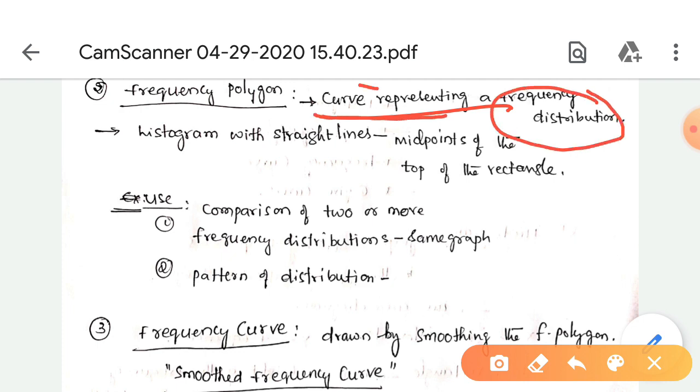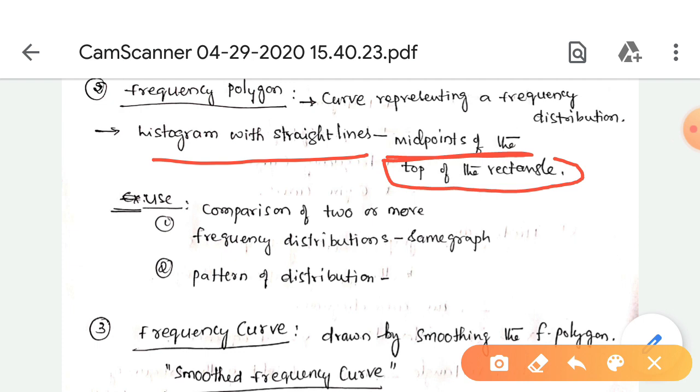The curve represents a frequency distribution. The frequency polygon is obtained when the midpoints of each rectangle on the histogram are joined by straight lines. When we draw this frequency polygon along with the histogram, we can see the example now.